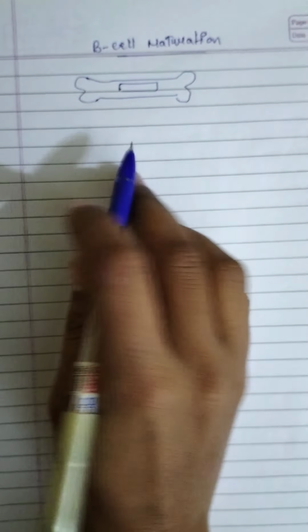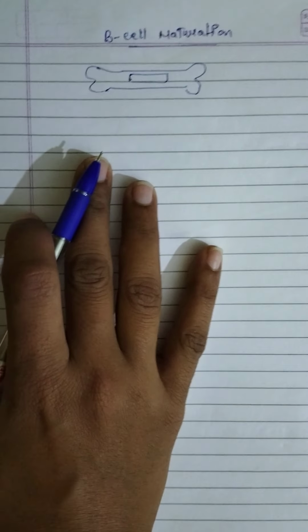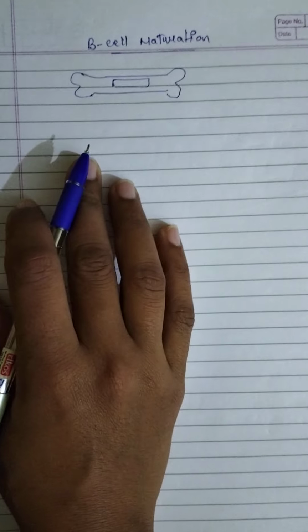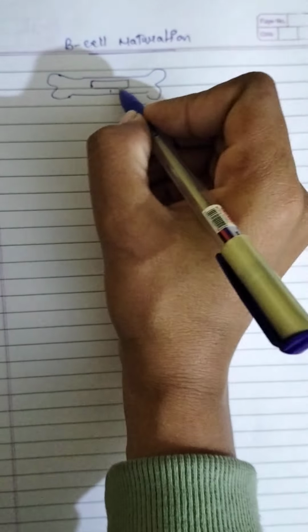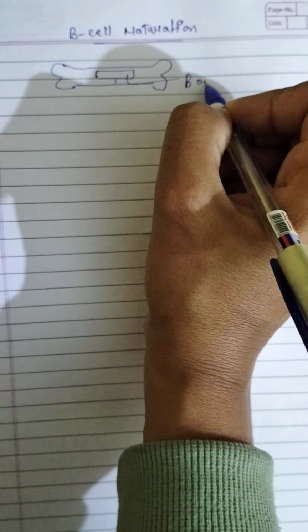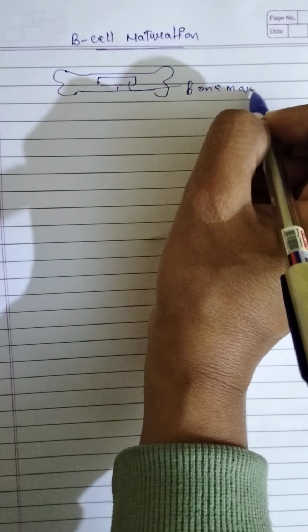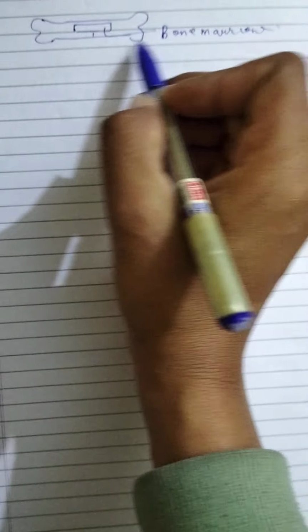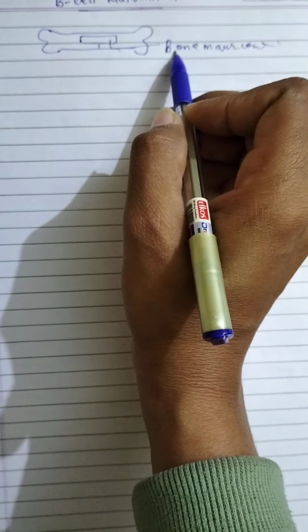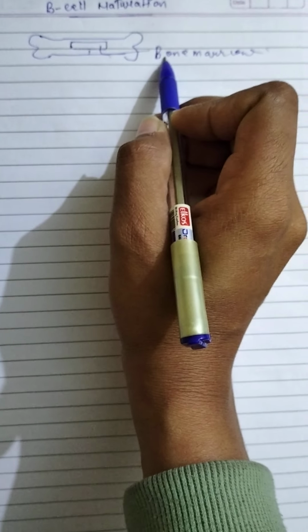In my last lecture, I told you about B-cell maturation. So, continuing this topic, let's start. B cells originate in bone marrow. This is bone marrow. B cells mature, or differentiate, in bone marrow.